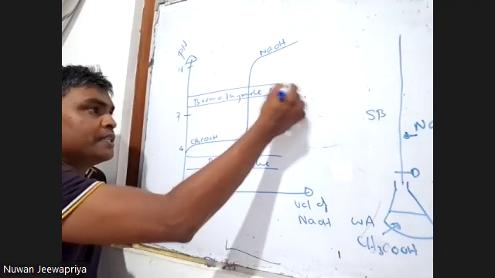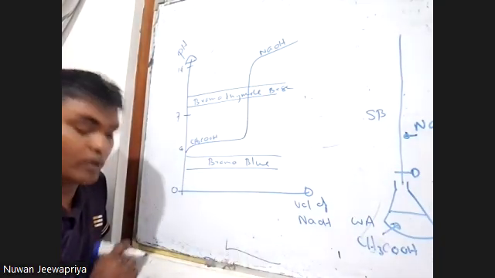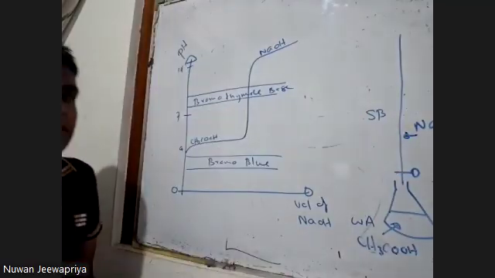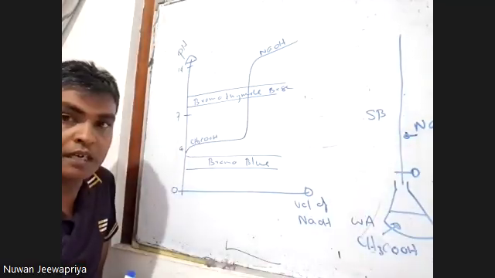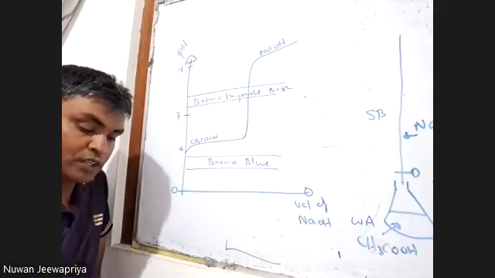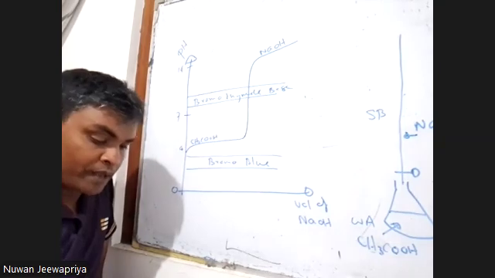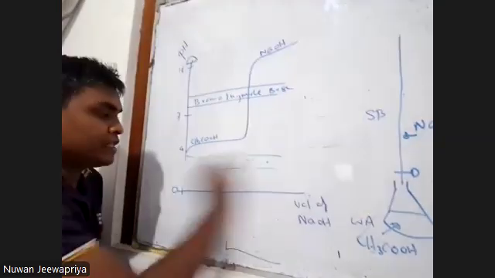The pH range of the other indicator is somewhere here, and it overlaps with the quick pH change. Therefore that is the suitable indicator, so the third one, C, is the answer.